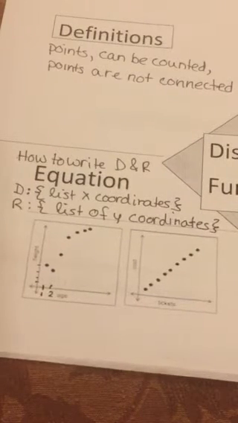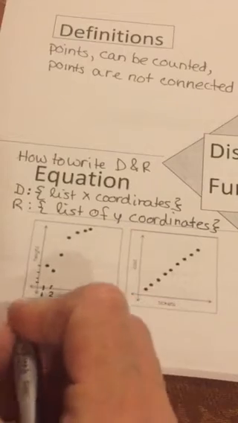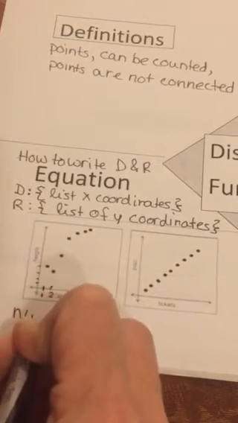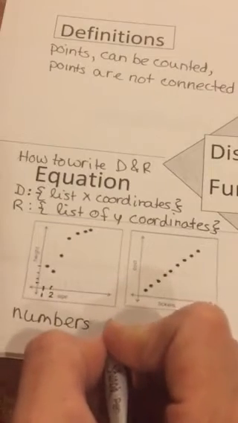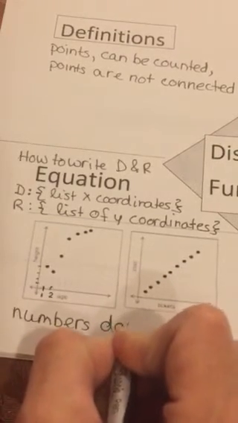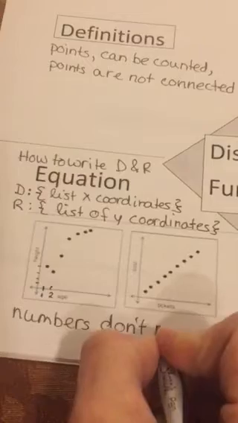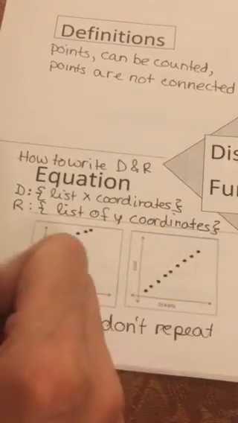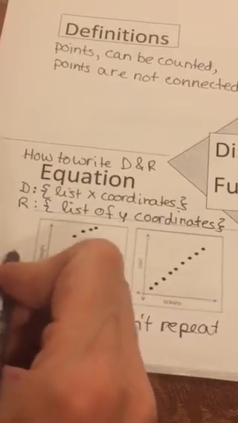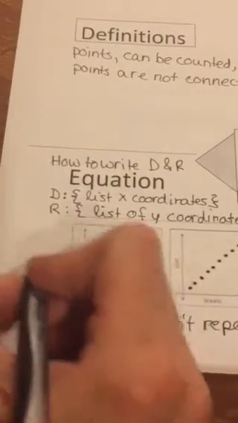Now, the last thing we have to remember about this is remember that the numbers that we have don't repeat. And what that means is, let's say you have a coordinate, and I'm trying to see if my paper will cover that.